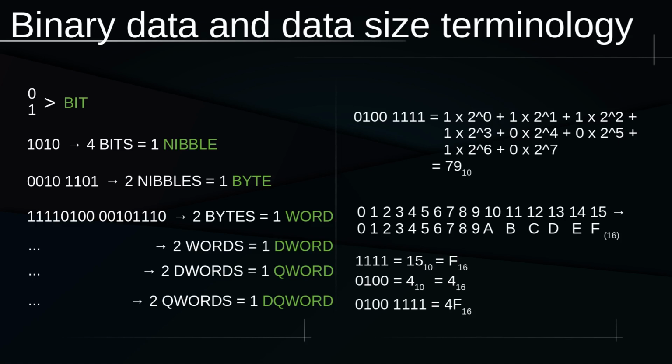But let's start with 0 and 1. These are called bits. So 0 is a bit, 1 is a bit. It's the smallest amount of data that we're going to talk about when we reference computer data or binary data. So it's a binary digit.